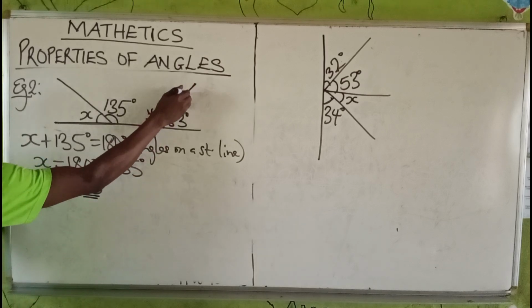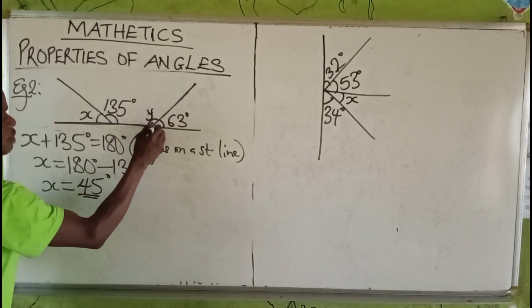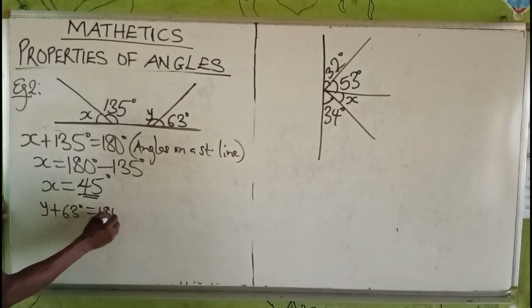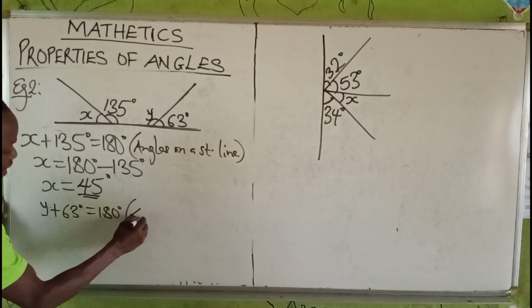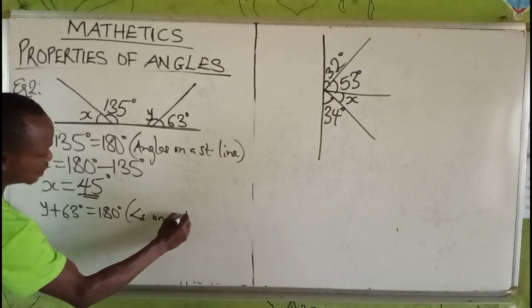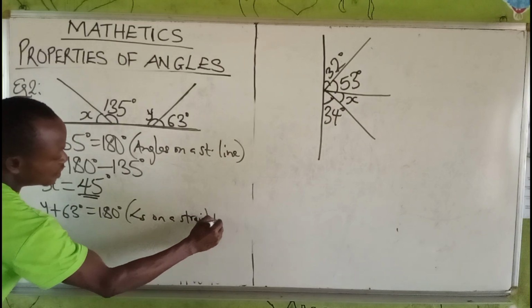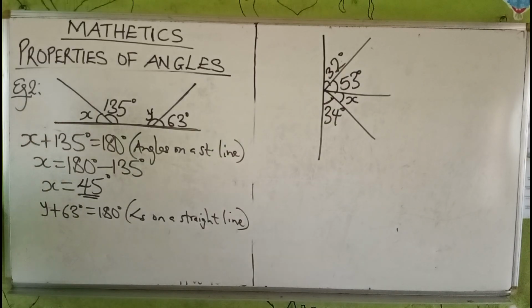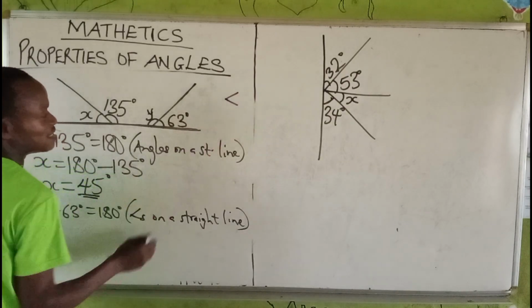The same thing is applicable to these two angles. They are meeting on this straight line. That means Y plus 63 degrees is equal to 180 degrees, and the reason is still angles on a straight line. Please, this sign is a mathematical way of abbreviating angle.